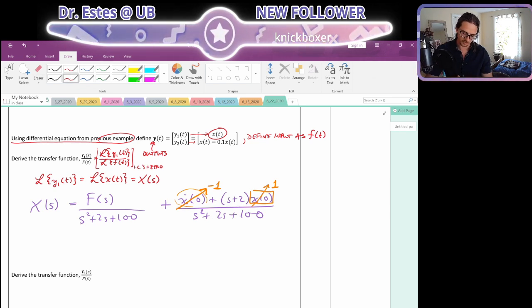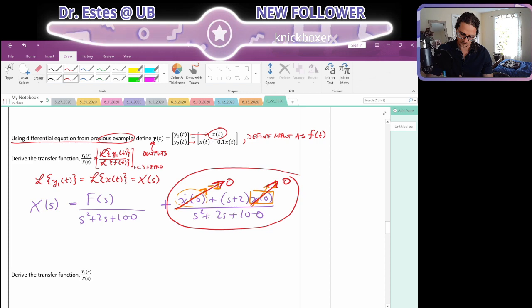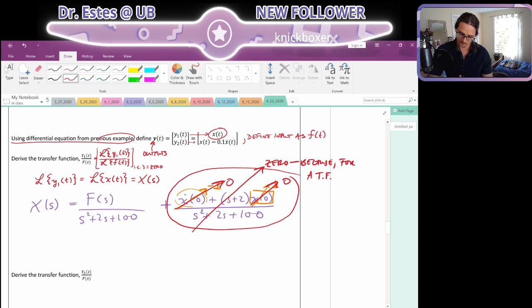Because we're getting a transfer function, I'm going to assume this is 0, I'm going to assume this is 0, and so this whole term is 0.